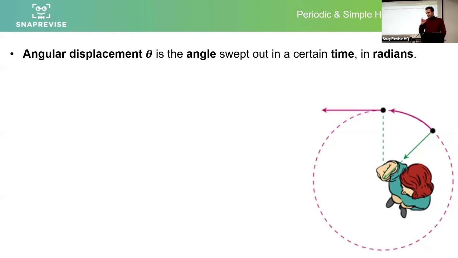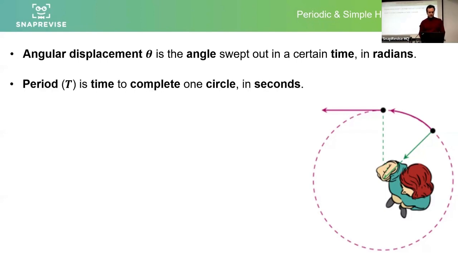We'd say, look, you've traveled 2 meters in that direction. Angular displacement is the same thing, but it's just talking about how much angle you've traveled through. So just as you can travel 8 meters or x meters, you can rotate theta radians.